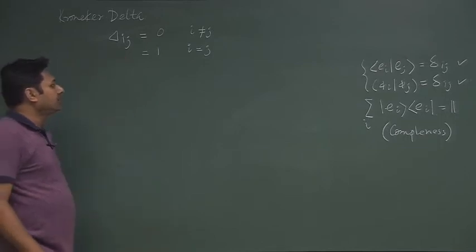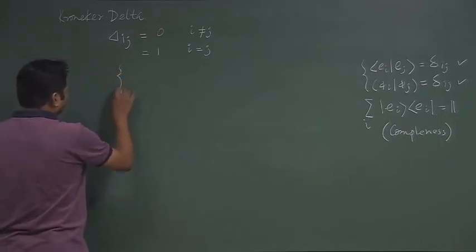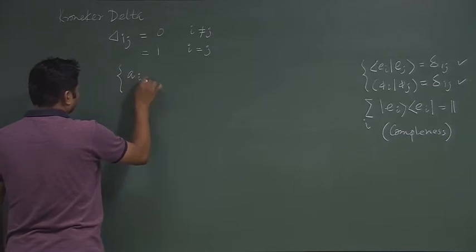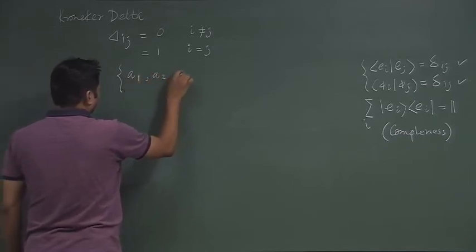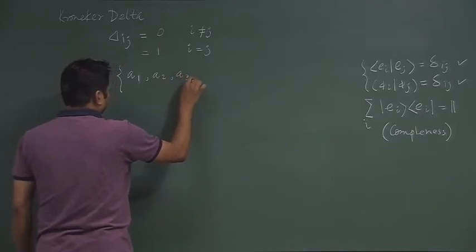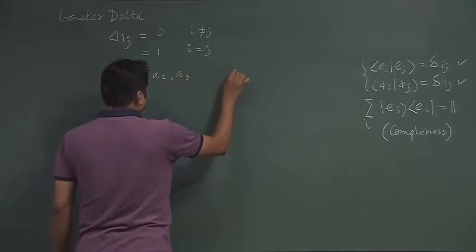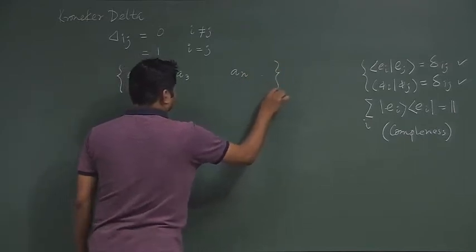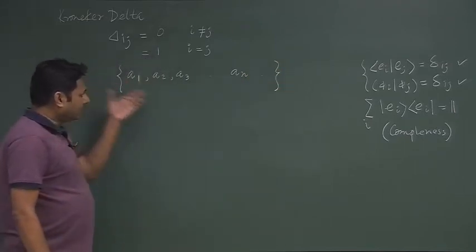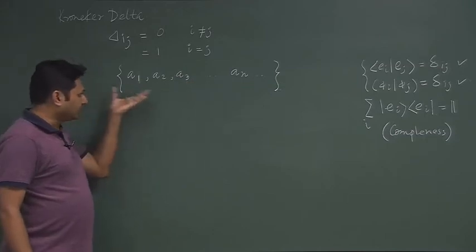significance of these things? Suppose we have a sequence of quantities, say a1, a2, a3, an and so on, a sequence of numbers we have.